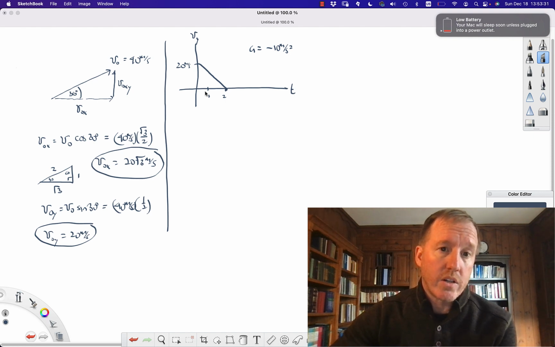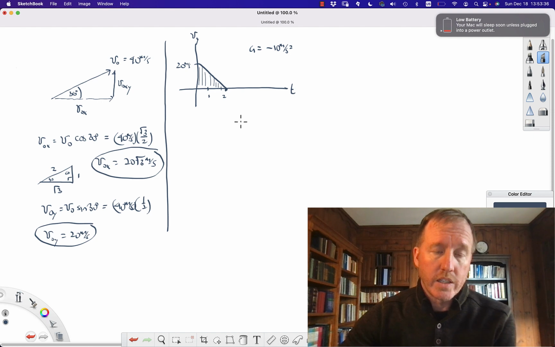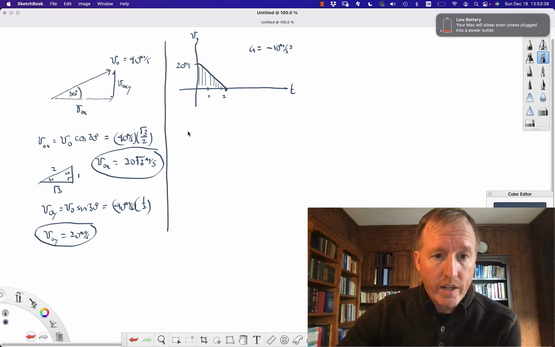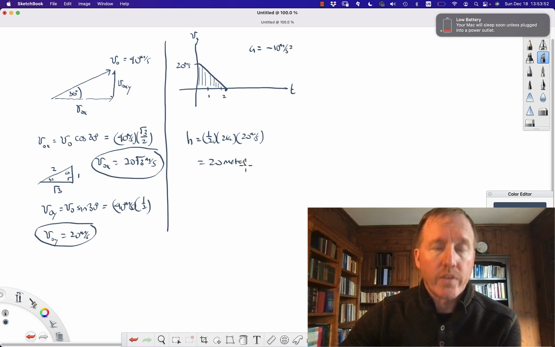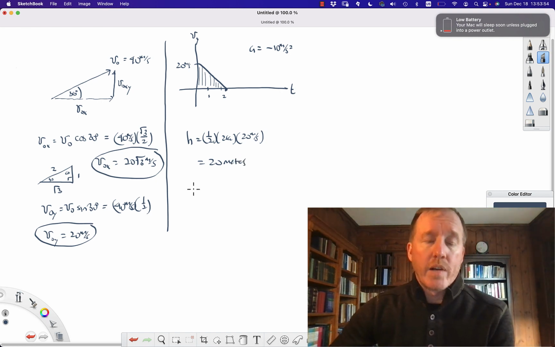How high does it get during that time? Well, that would just be the area under this plot right here. And so the height that it gets to is 1/2 of the base, which would be 2 seconds, times the height of that, which would be 20 meters per second. And so it's going to get to a height of 20 meters. That's the height. What's the range of the cannonball?